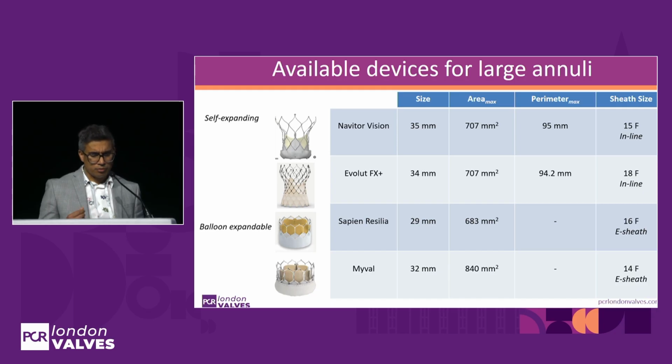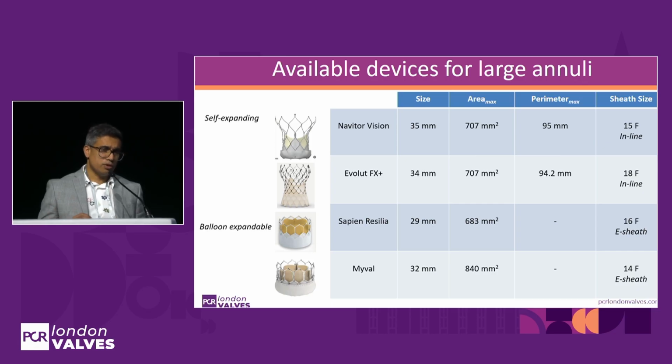And then the balloon expandable valves treat a slightly smaller area, although most of us are very comfortable going to much larger areas with overfilling. And of course there's the Myval, which comes in sizes up to 32 and can treat extremely large annuli as well. It is important to remember the differences between these valves.